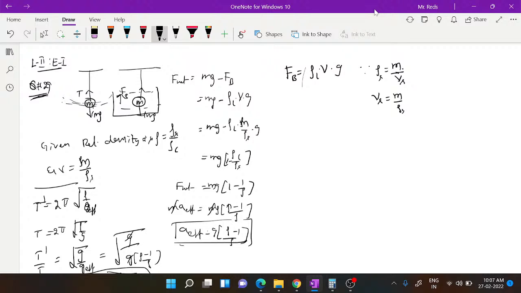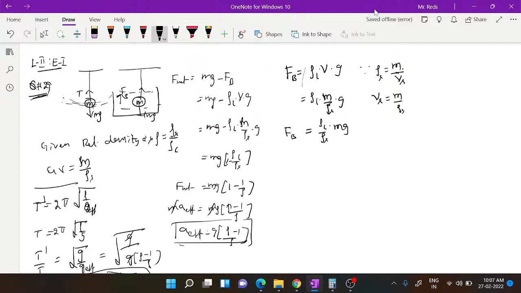If you replace this, we get rho l into m by rho s into g. So we can write the buoyant force as density of liquid by density of solid into mg. So the net force is mg minus mg into rho l by rho s, and mg is common, so if you take it out, we get mg into 1 minus rho l by rho s.